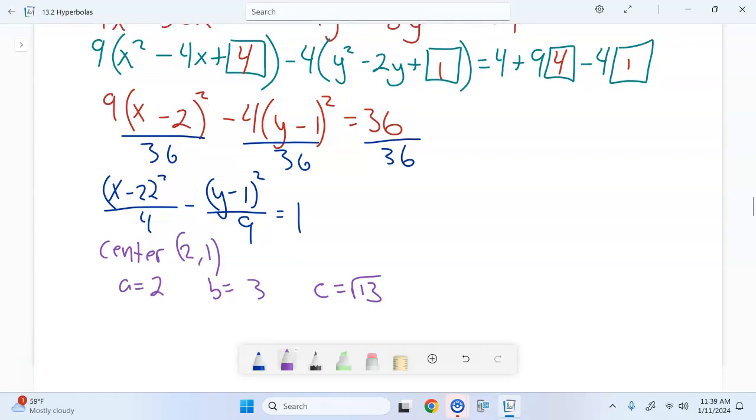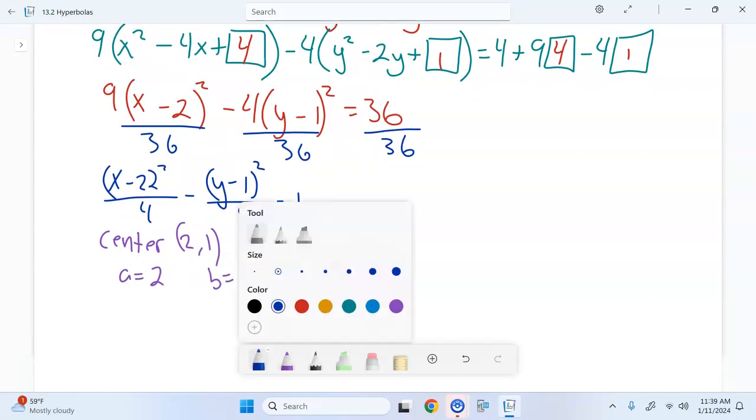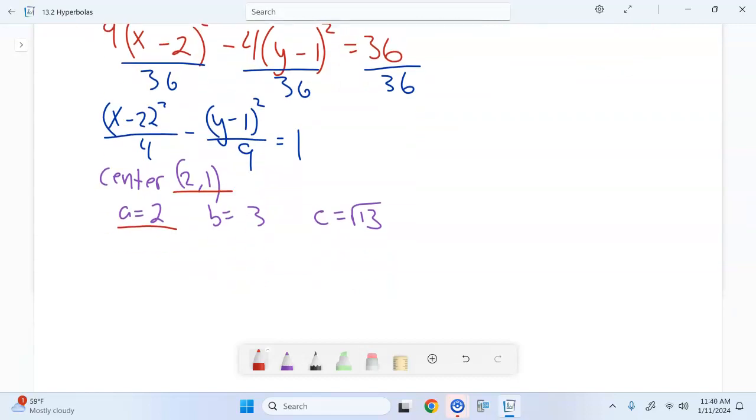Alright. Which one are we going to use to find our vertices? A to find our vertices. Up and down or left and right? Left and right. Okay, so from center, what 2 points are left and right A units away? (4, 1) and (0, 1). A units away.